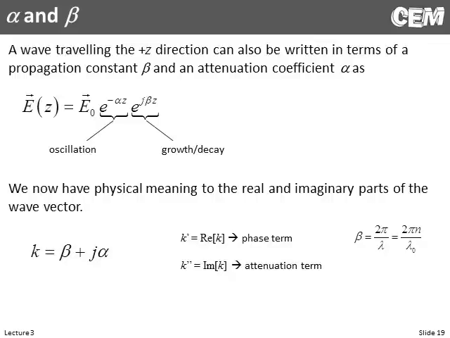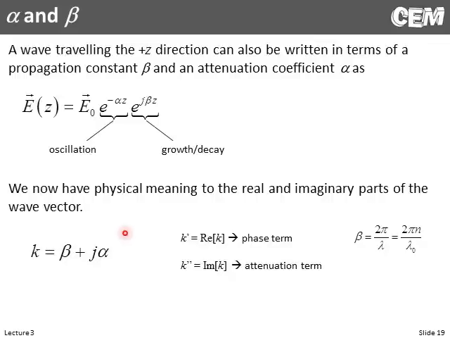So we will write a wave this way in terms of alpha. Alpha is an attenuation term, so it's responsible for decay. Despite the fact that I labeled it oscillation, it means decay. And then the beta term, e to the j beta z, is propagation, so I should have labeled oscillation there. So in other words, this alpha and beta are exactly the same thing as the real and imaginary parts of k.